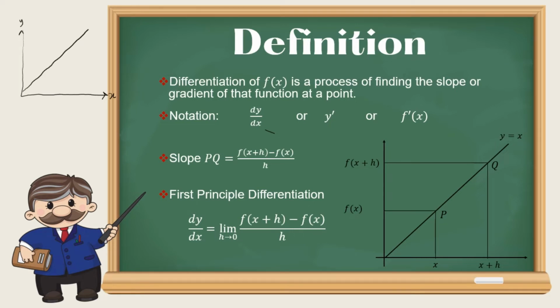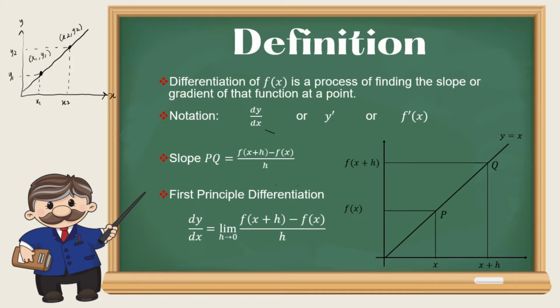You have 2 points: the first point is (x1, y1), and the second point is (x2, y2). Where x1 is the first point of x, y1 is the first point of y, then x2 is the second point of x, and y2 is the second point of y.